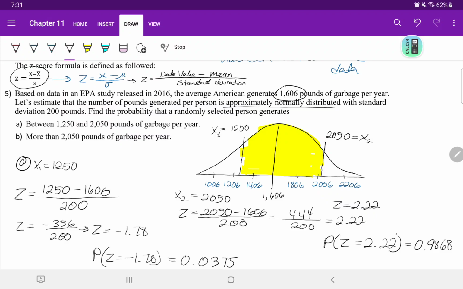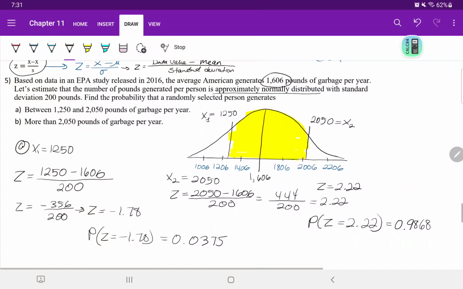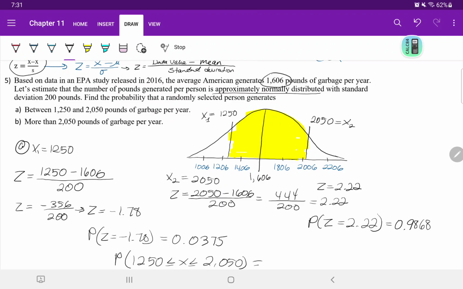Because the areas are in between, you must subtract the bigger probability minus the smaller probability. So the probability that an American generates between 1,250 pounds of garbage and 2,050 pounds of garbage per year is equal to 0.9868 minus 0.0375.